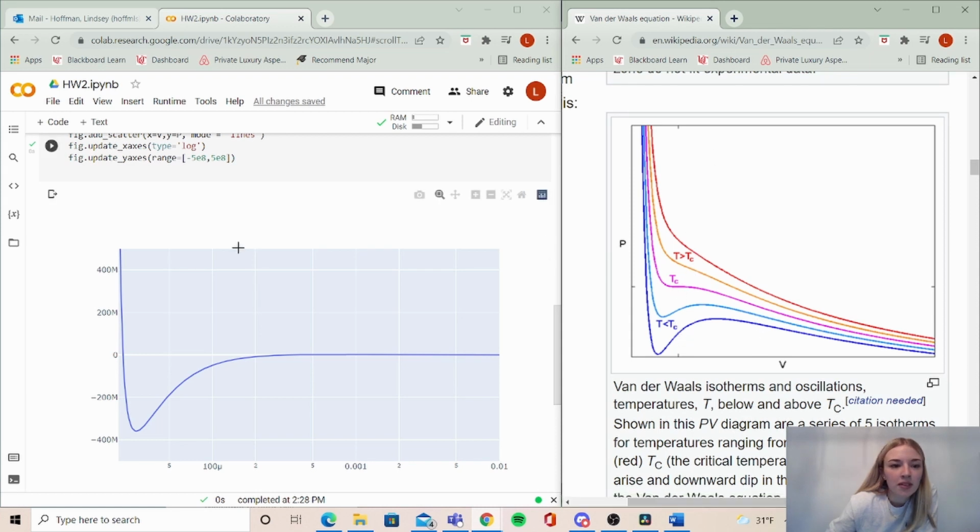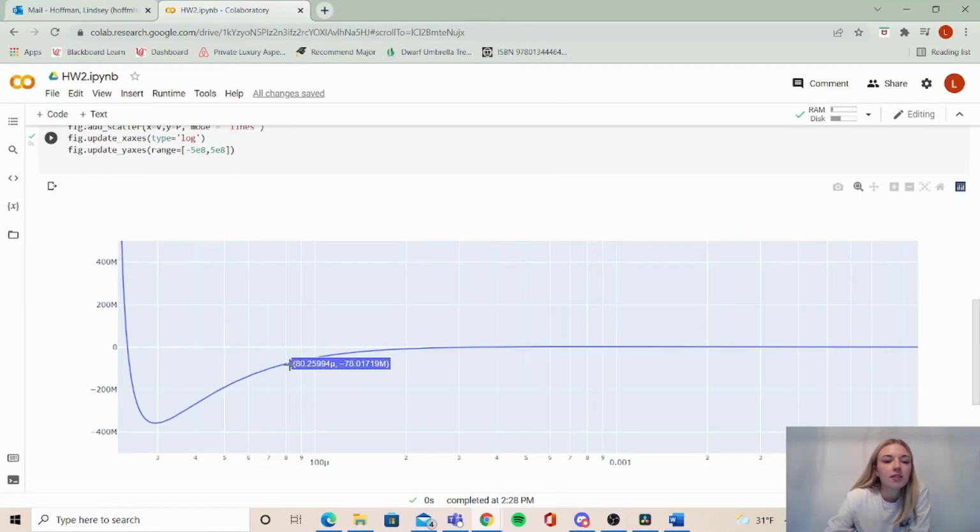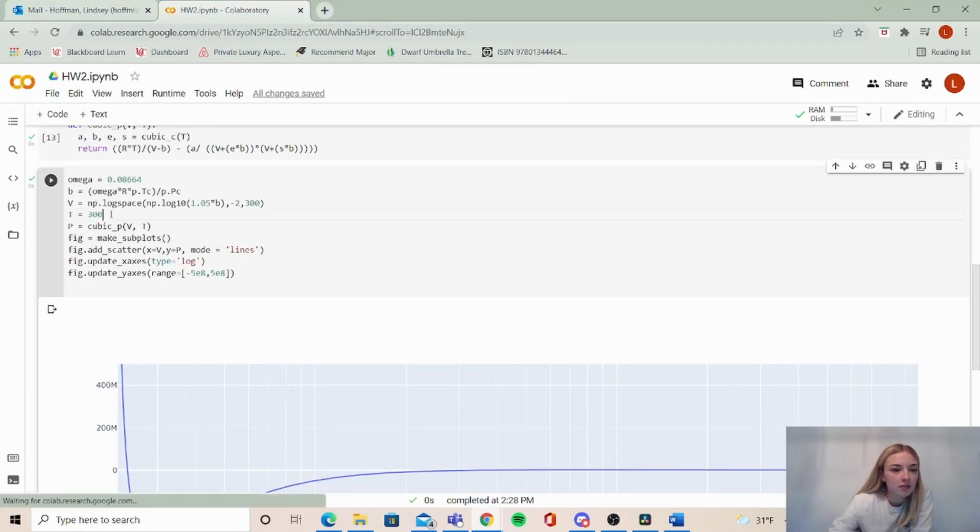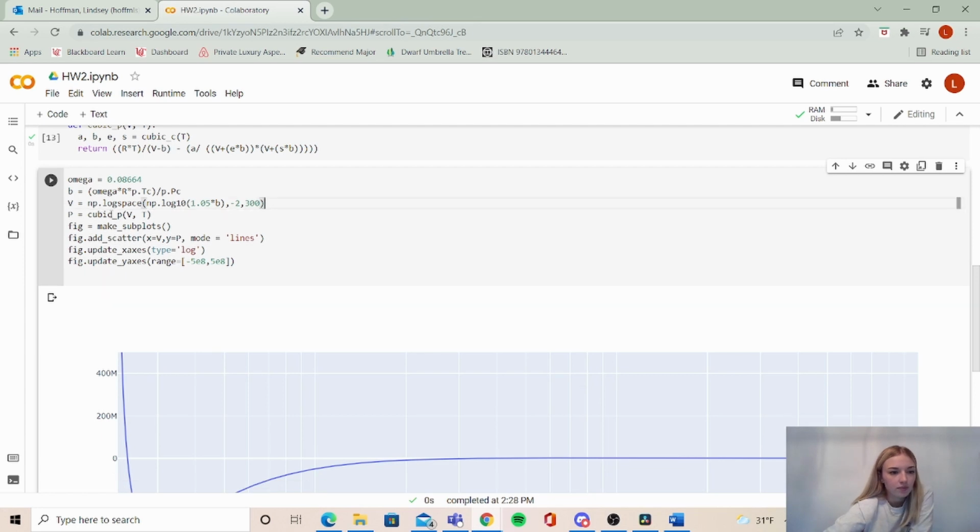That's what we're going to try to do right now. To do this, we need to make a for loop for our temperature values. It gives us the opportunity to specify how many curves we want and show many different isotherm curves on the same graph.